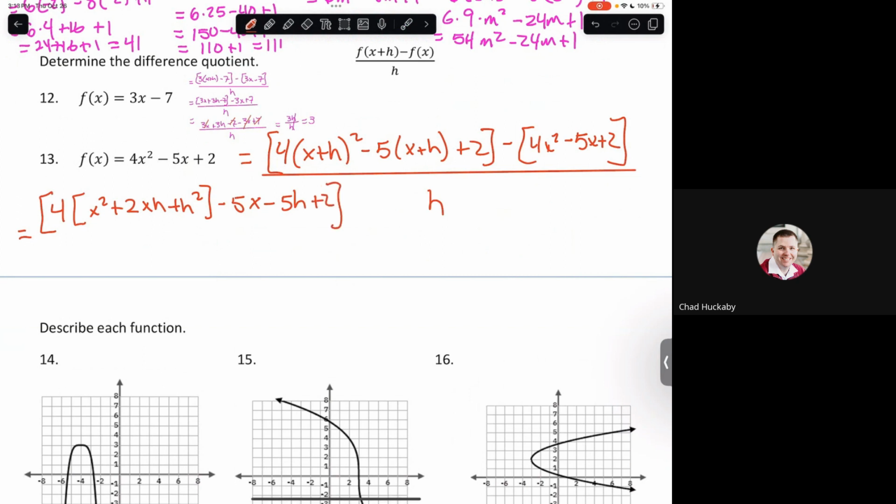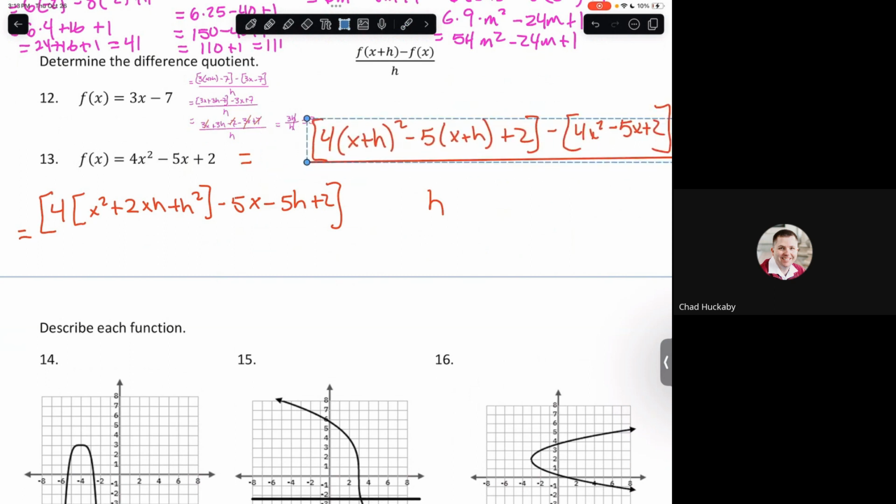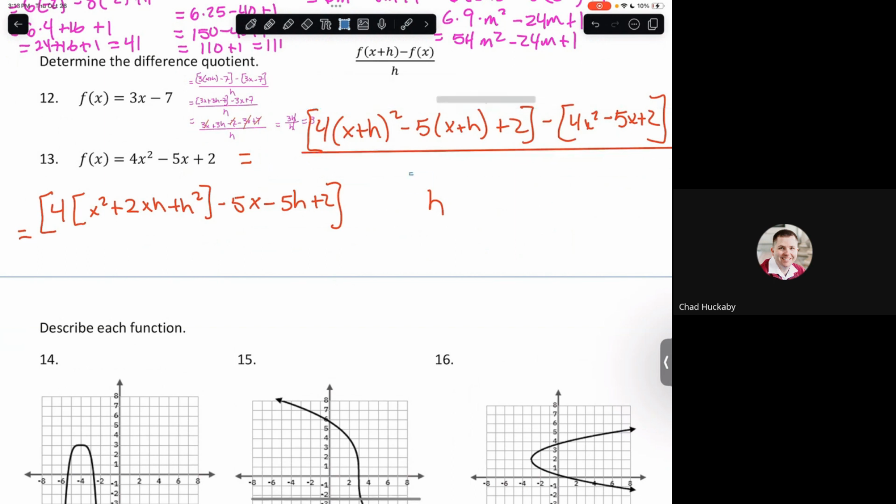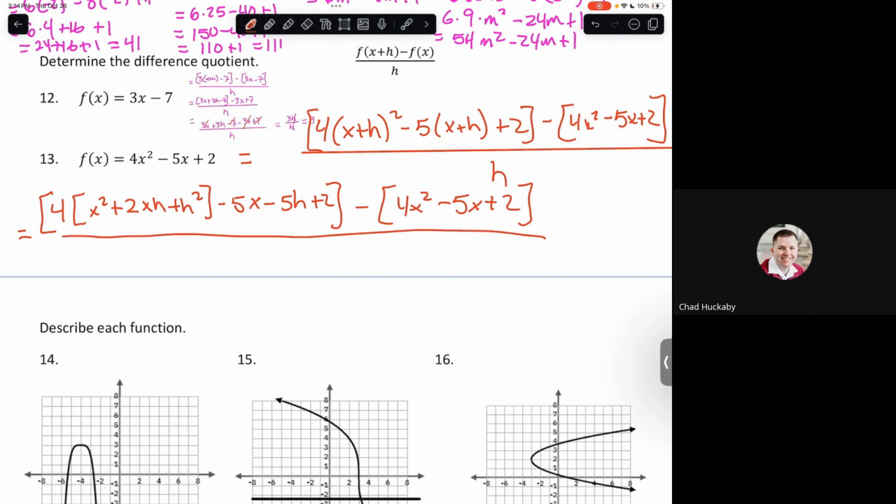That's our first part. And then we have minus a 4x squared minus 5x plus 2, all over h.